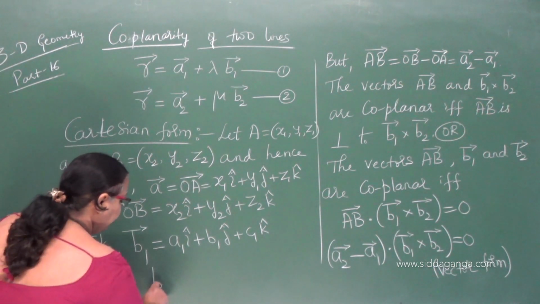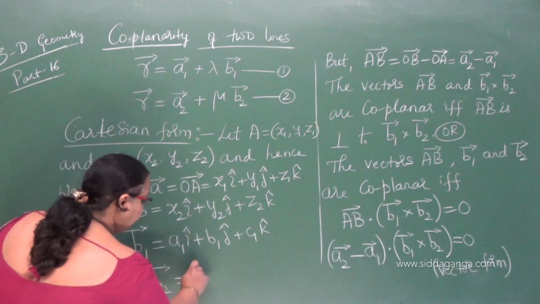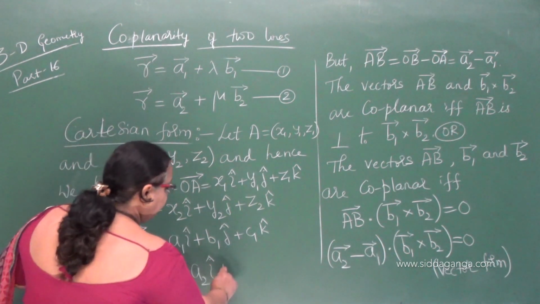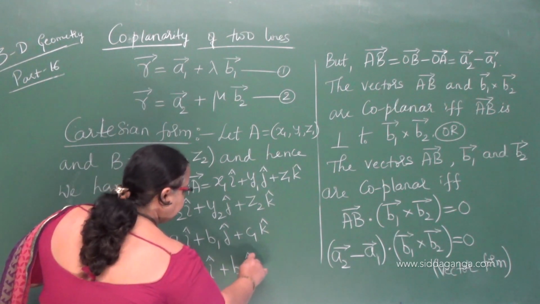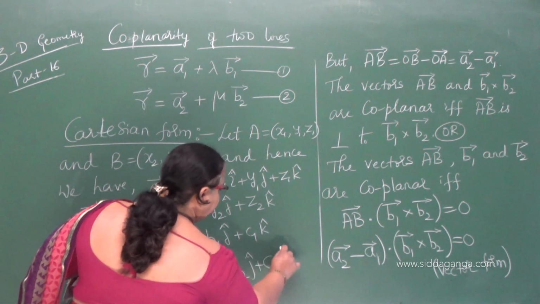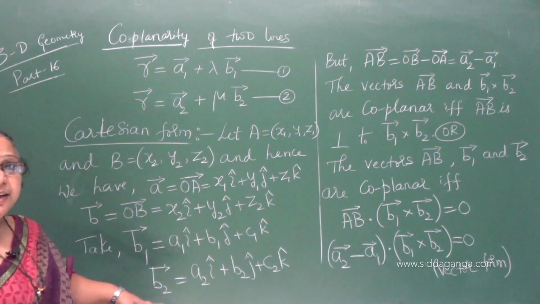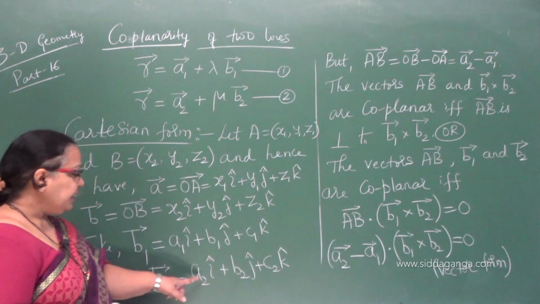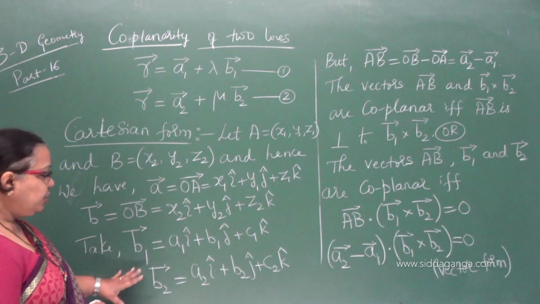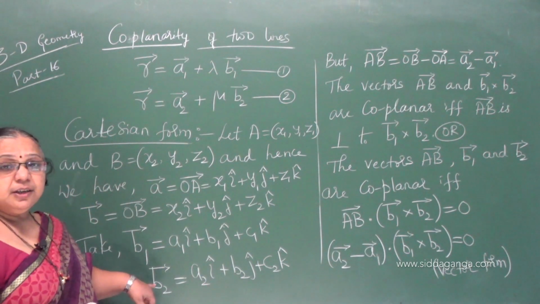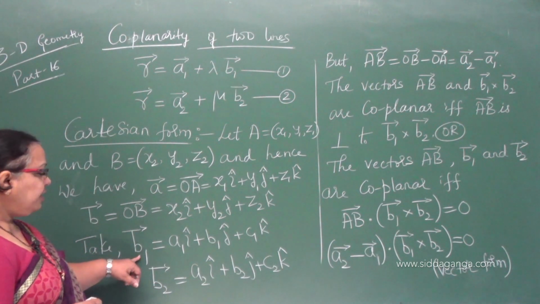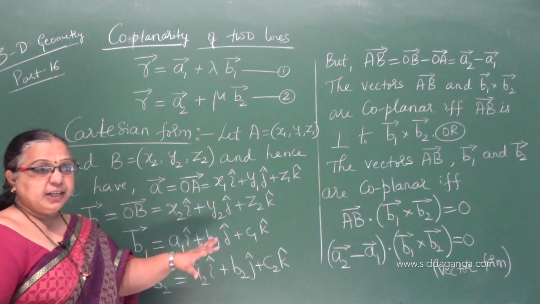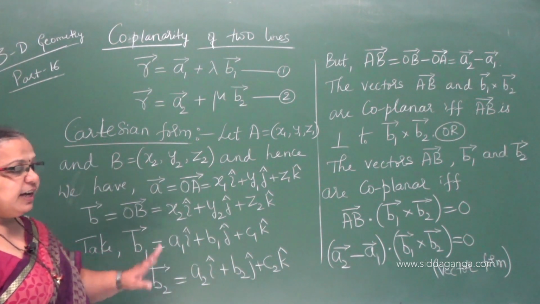Similarly, take vector b2 equal to a2 into I cap plus b2 into j cap plus c2 into k cap, where a2, b2 and c2 represent the direction ratios of the vector b2. If we write b1 vector, b2 vector with components I, j, k, then the vector is considered.